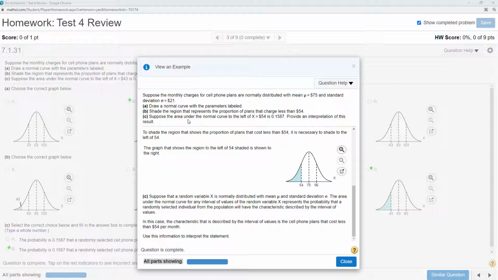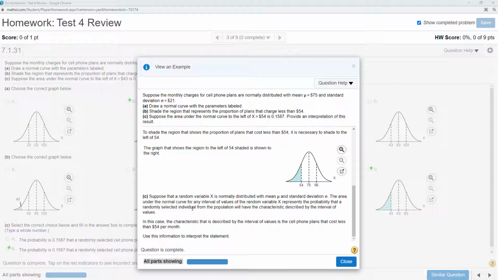Suppose the area under the normal curve to the left of x equals 54 is 0.1587. What does that mean? Suppose that a random variable x is normally distributed with mean and standard deviation.